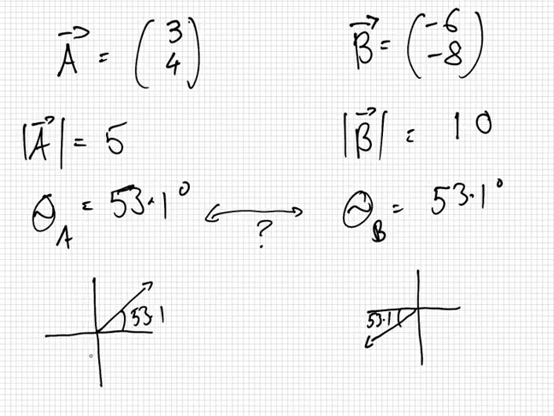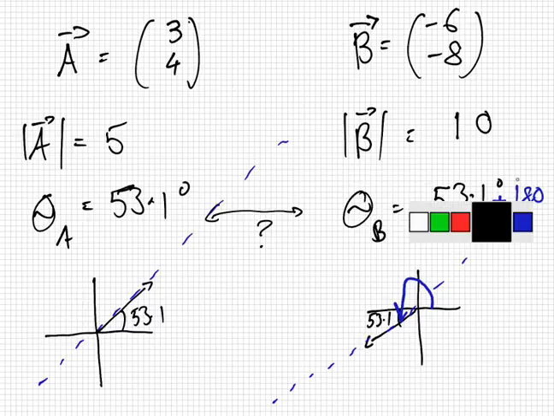Now these still are parallel, but they don't have to have the same direction. I mean, this here isn't really 53. If I measured the angle all the way around, what should I add to this to fix it? 180, yeah. But is there another way to check if two vectors are parallel?